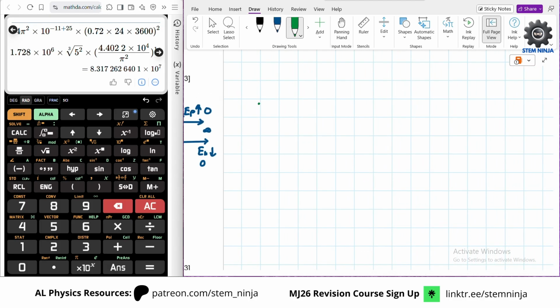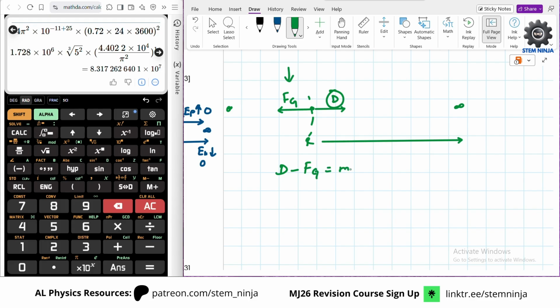So for example, you have a point R over here, this is the source, this is infinity, and you have a point mass. Let's say this is the driving force, this is the gravitational force, and we want to move this to infinity, right? So the work done by the driving force minus the force of gravity is equal to ma.